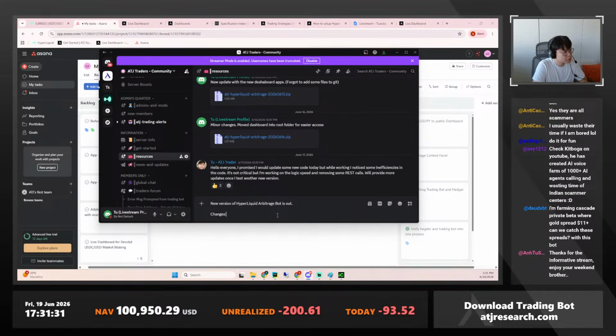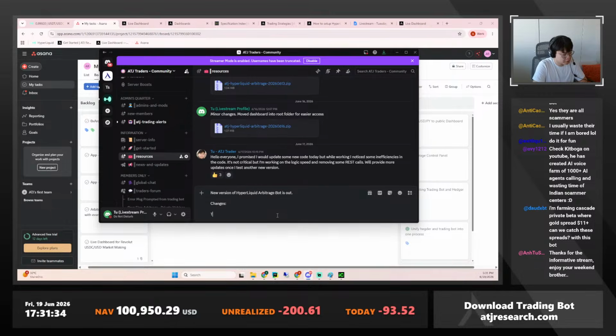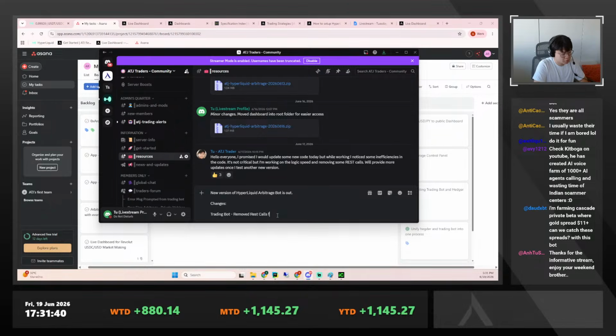Changes to the trading bot: removed REST calls from the amend loop, should be much faster now.